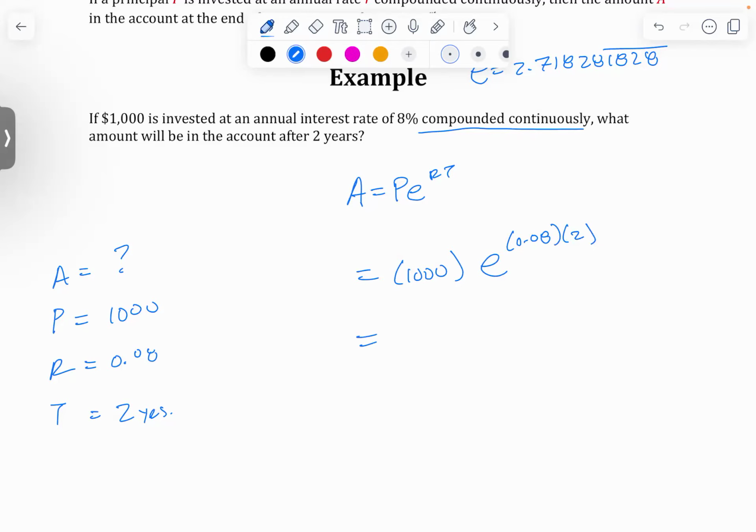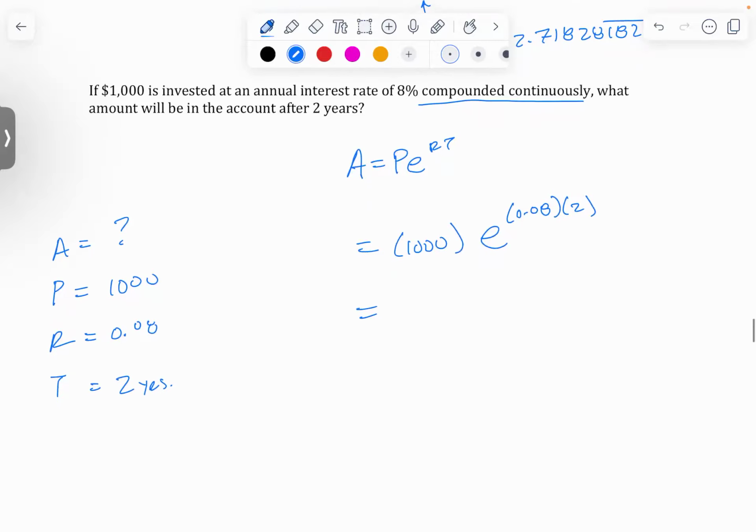again, some notes. You should be able to find this in your calculator. If you need videos on that, Google. And just a couple things. So again, the 1,000, and then I really recommend, since E is a particular value, do that stuff in the exponent first: 2 times 0.08.